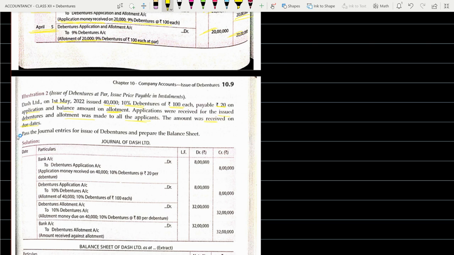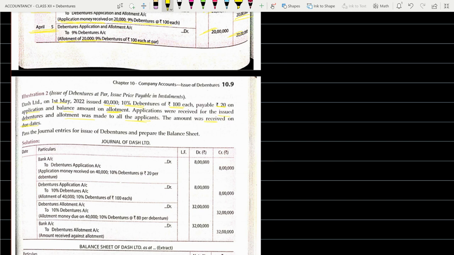So here you can see the breakup has happened in such a way that you have application and allotment. So this is a case where it is on an installment basis. When you have the breakdown, definitely it is a case of installment.